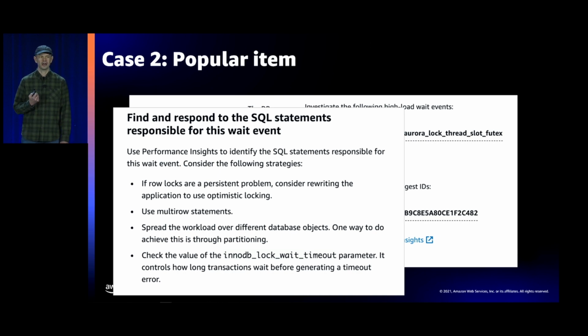Now, unfortunately, in this case, this problem is not very trivial to solve. There's no magic database parameter that can be turned on to make this problem go away. But the suggestions in the troubleshooting documents should give a good idea of how you can apply workarounds to address this issue.